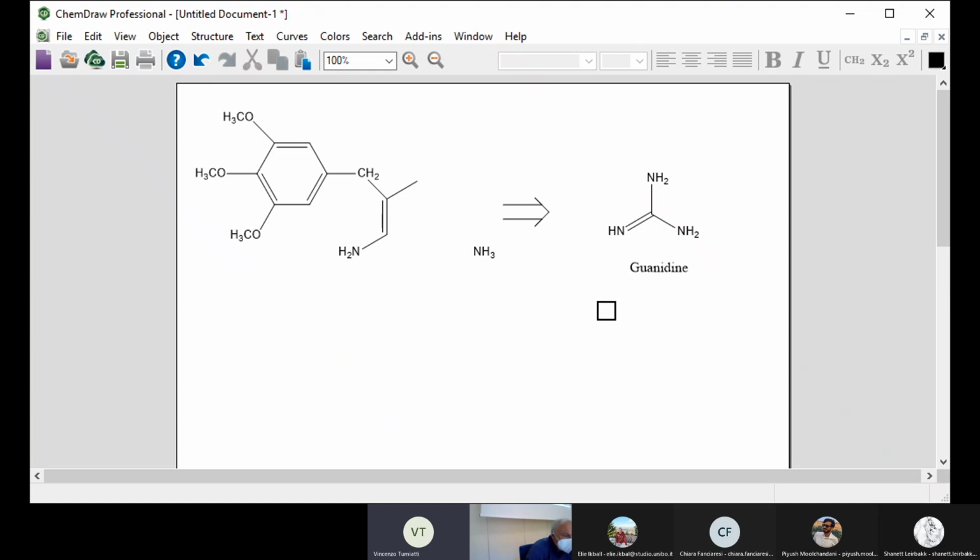In particular, we need a reagent with two good leaving groups, because we have a guanidine with two basic nitrogen atoms. These two basic nitrogen atoms are able to give nucleophilic substitution. So we need a reagent with two optimal leaving groups.